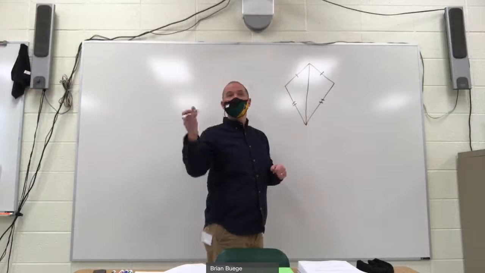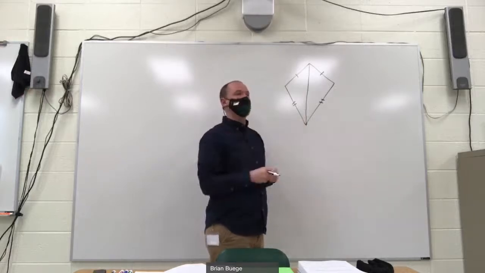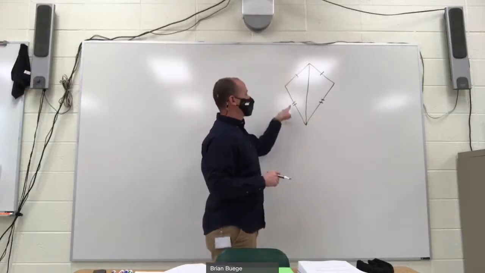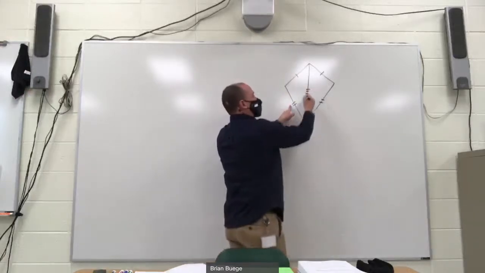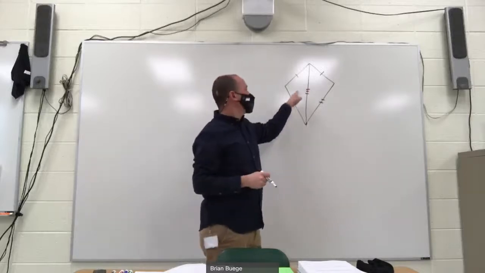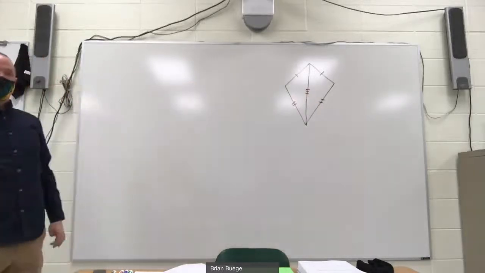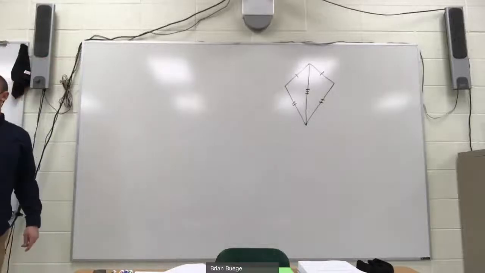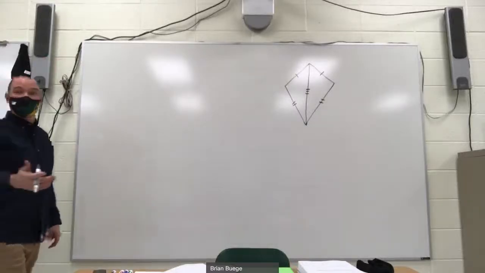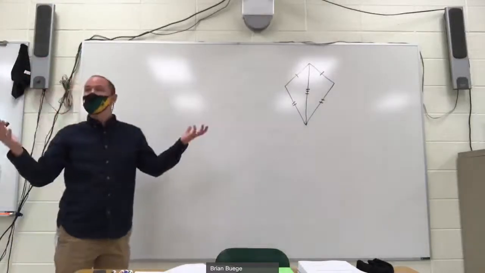If we go back to what we did before with, again, congruent triangles, side, side, side. These two triangles are congruent because of side, side, side congruence, which once again, if I know the triangles are congruent, then I know all their parts are.